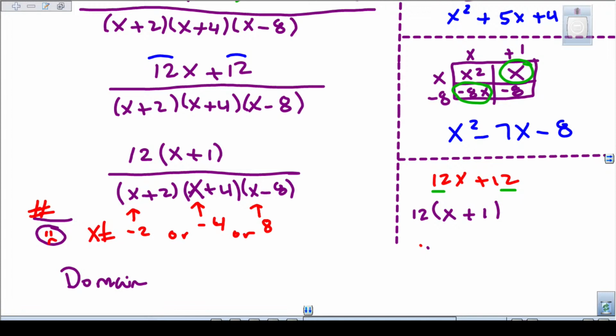It's 3 values here. Any x you would like is fine, except negative 2, negative 4, and 8.